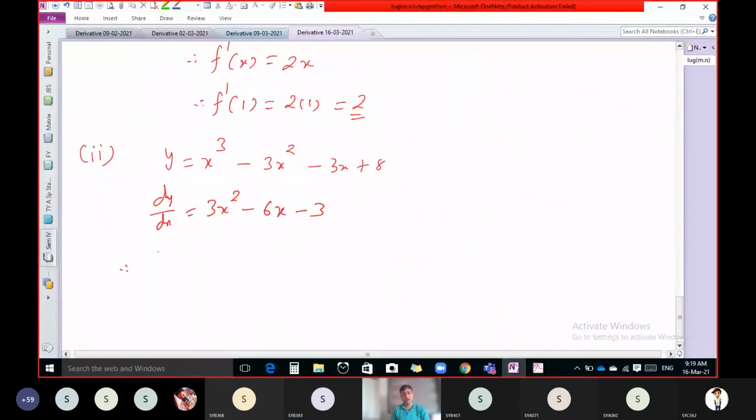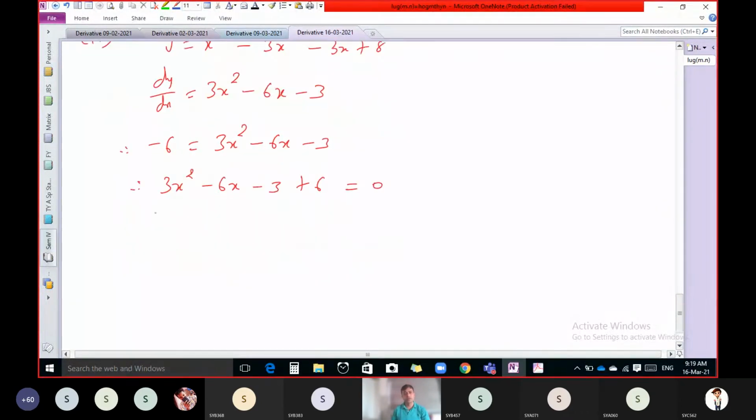So in place of dy by dx, take minus 6 on the right hand side. So what we get? 3x square minus 6x minus 3 plus 6 equal to 0. So we get 3x square minus 6x, and minus 3 plus 6 is plus 3.